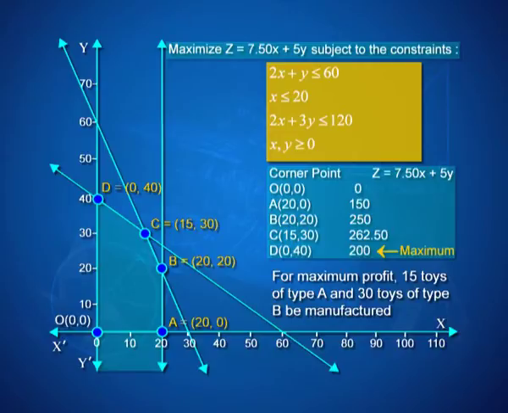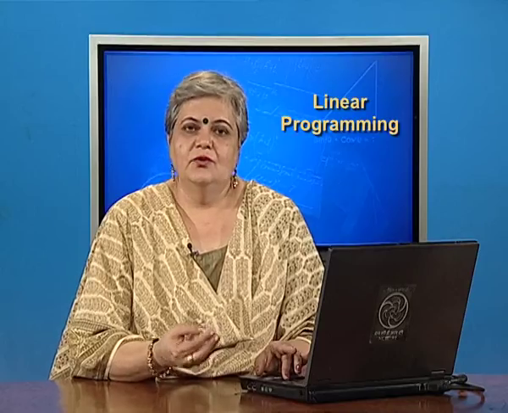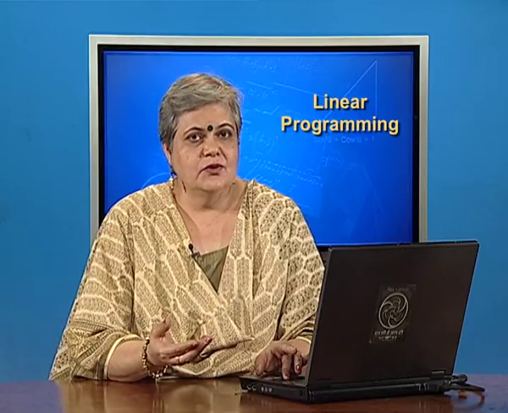Do you see if this function is taking a certain maximum value at a particular point? Surely it is. It is taking a maximum value of 262.50 at the corner point 15, 30. And that is how you decide what the conclusion is going to be.